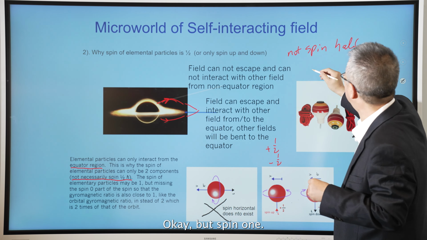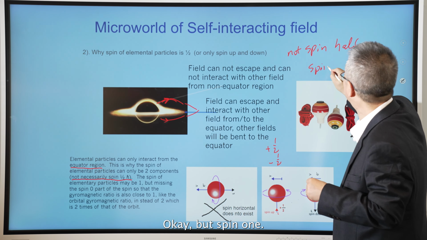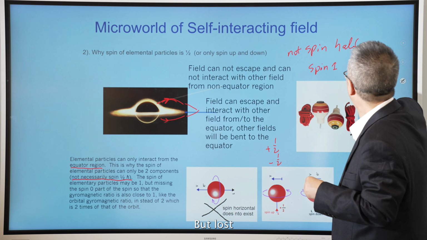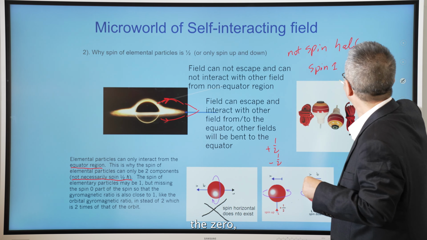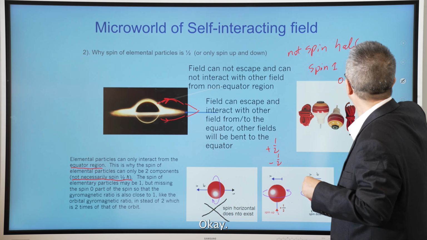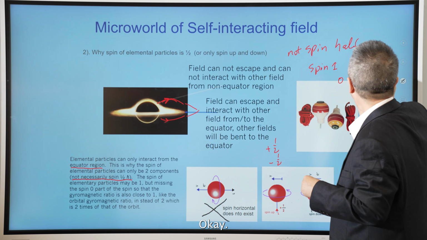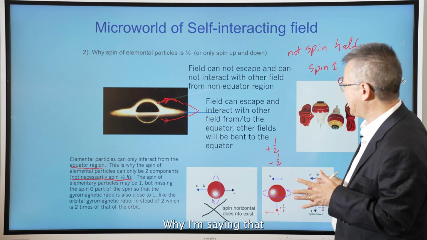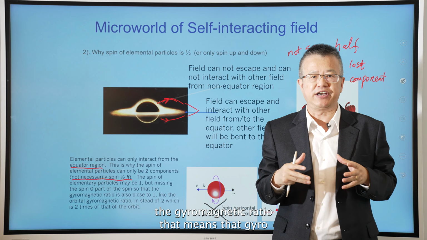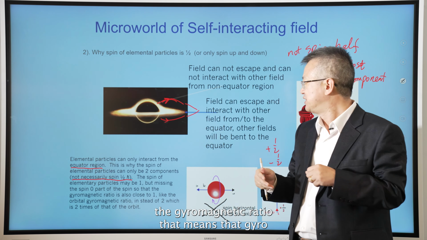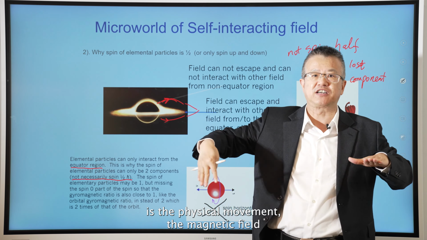Okay, but spin one, but lost the zero component, okay? Why am I saying that? Because for the elemental particle, the gyromagnetic ratio, the gyro means the physical movement.